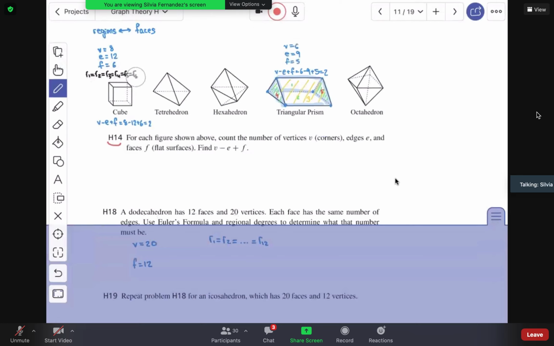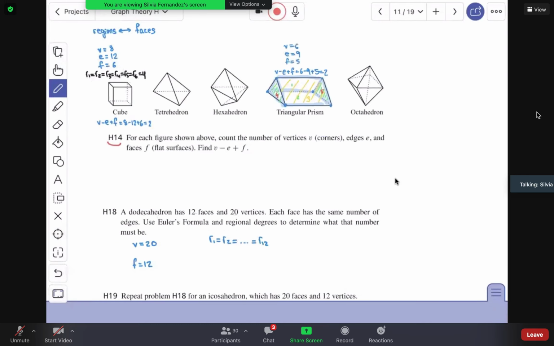All of them are the same because every face is a square, and a square has 4 sides. So in the dodecahedron, all the regional degrees are the same. We don't know what they are. We're not told what they are. If you're familiar with the dodecahedron, it's actually pentagons, so all of these are fives.